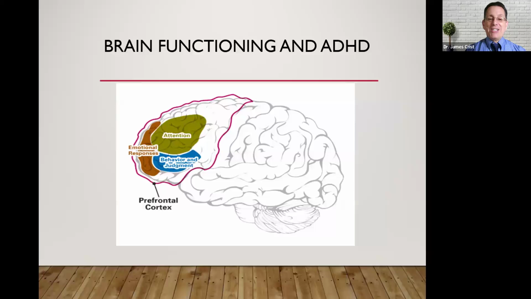So one of the problems with ADHD is those parts of the brain mature last. And so we think that they don't fully mature until around age 25. And so we also think that kids with ADHD may be a little bit more behind than some of their peers, which is why they often appear to be a little bit younger than their stated age in terms of their behavior, in terms of their ability to, again, control their impulses and stay focused. Okay.